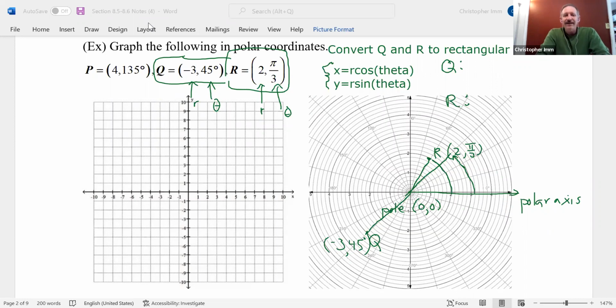Okay, all right, great. So I would like you to type these in as ordered pairs in the chat. We'll keep them exact. So if you have a square root of 2 or something like that, just write SQRT of 2, or give me something to let me know it's the square root of 2. So we're going to be looking at Q first.